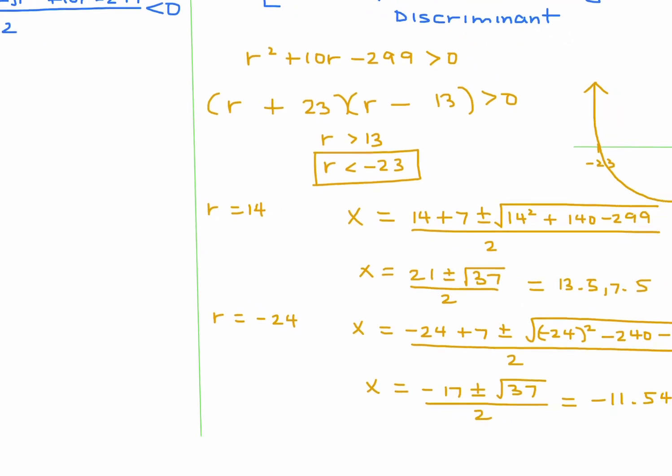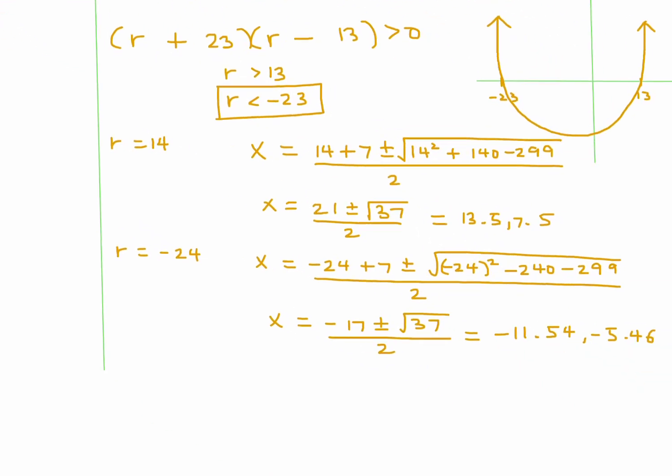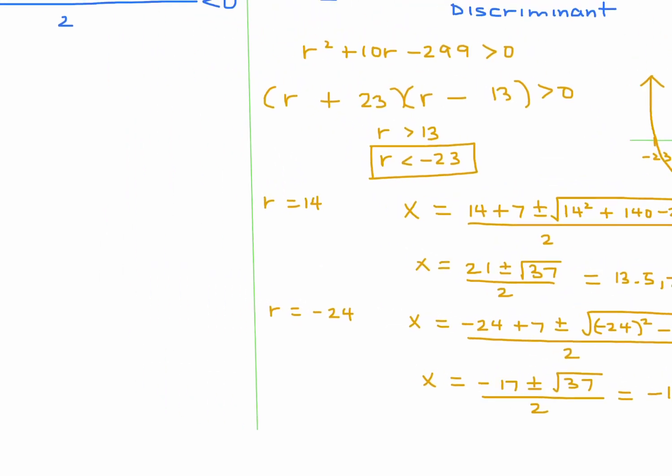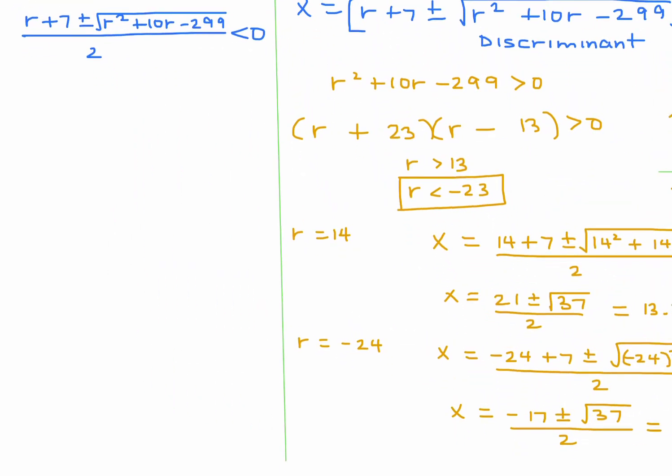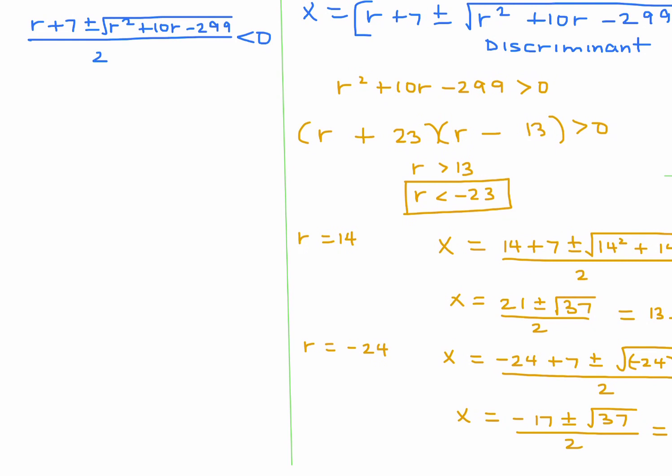And we had done that earlier. The only thing is we had done it for actual specific numbers. But I don't want to do it for any specific numbers. I would like to do it for just r. So here we go. Multiply through by 2 and you just get r plus 7 plus or minus the square root of r squared plus 10r minus 299 is less than 0.